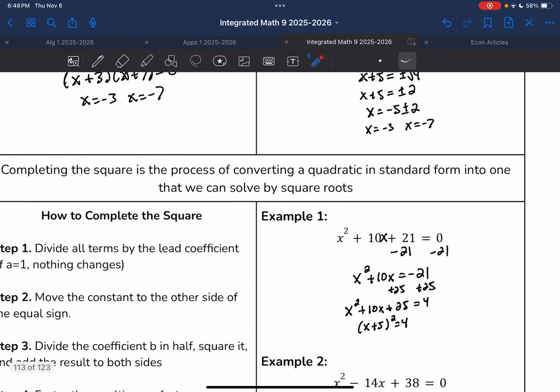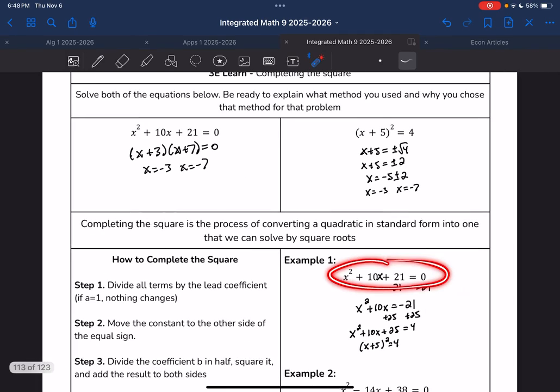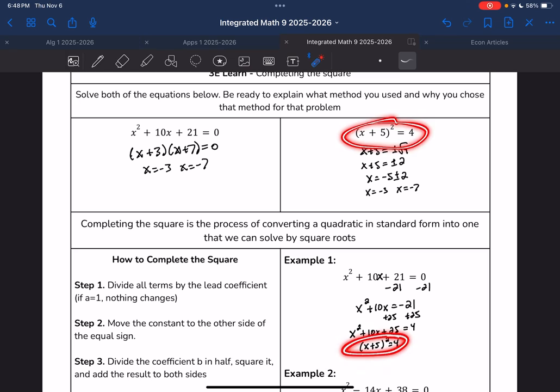And so now we've effectively taken x squared plus 10x plus 21, and we've transformed it to be x plus 5 squared equals 4, something that we can solve using inverse operations.